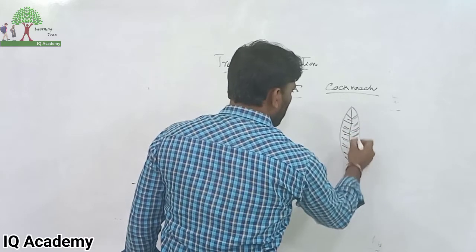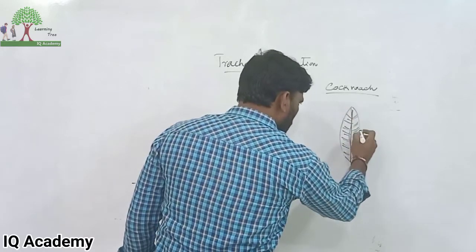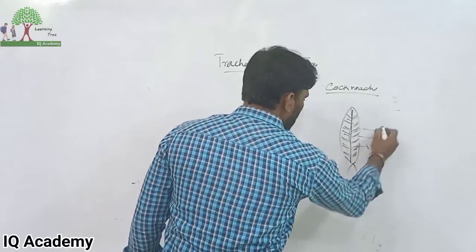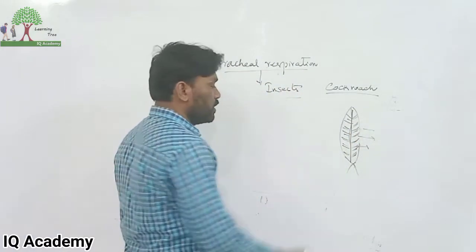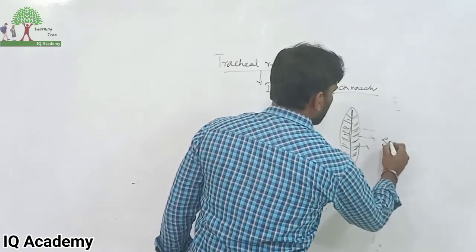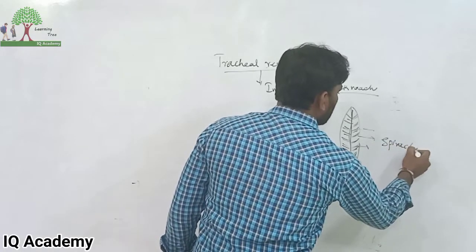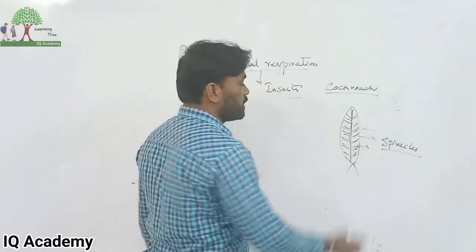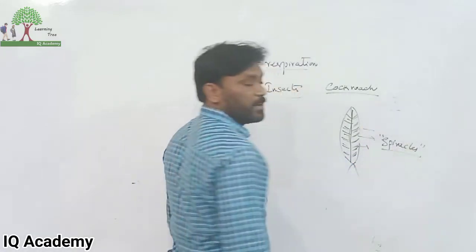The trachea is divided into small branches, and these are called spiracles. Exchange of gases takes place in these spiracles only.